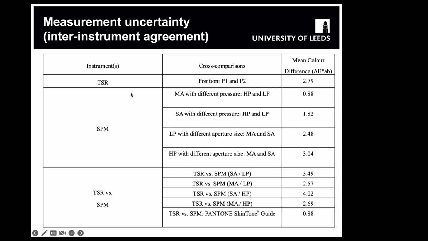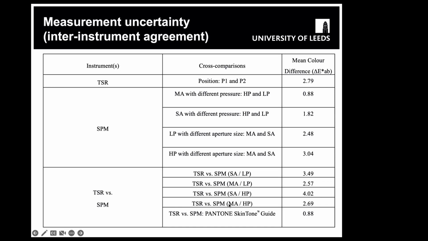Roughly speaking, for the TSR, if you use different positions indicating different sizes of measurement, you can get about 2.8 color difference units. If you measure using the spectrophotometer with different parameters, the results are as large as 3 delta E if you use high pressure with a different size. If you compare the telespectroradiometer measurement to the spectrophotometer measurement, the result is even larger, right?